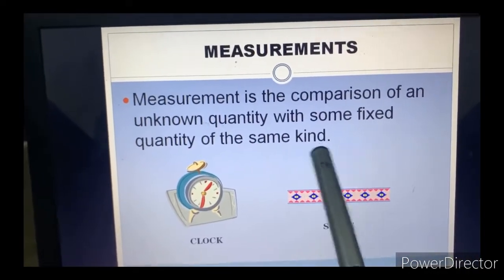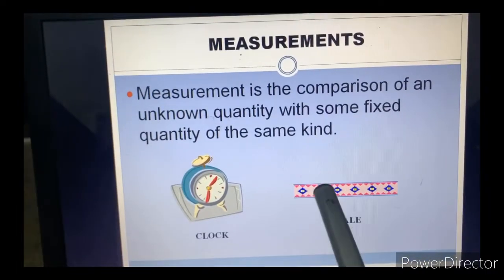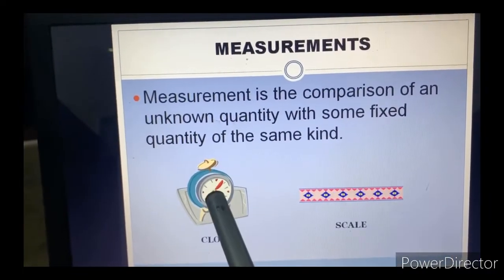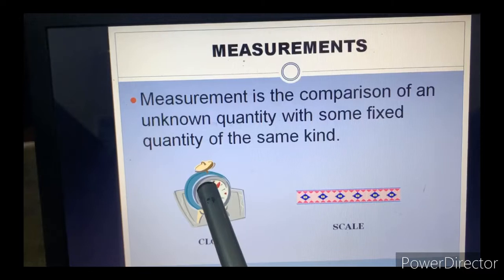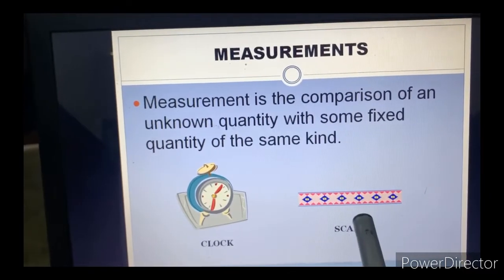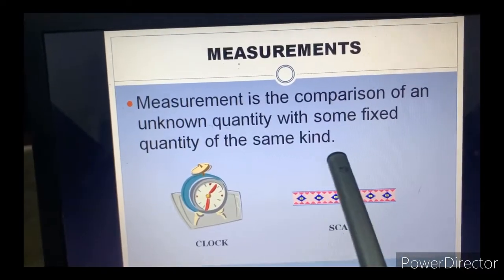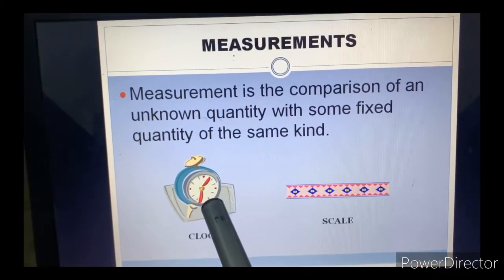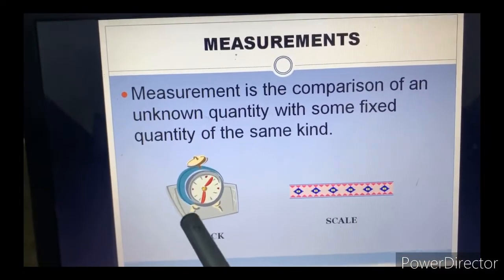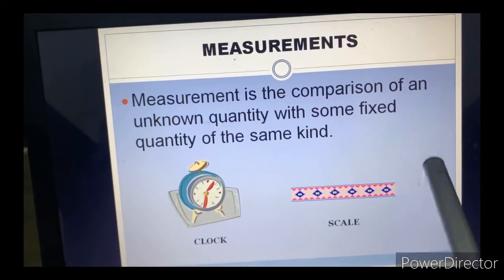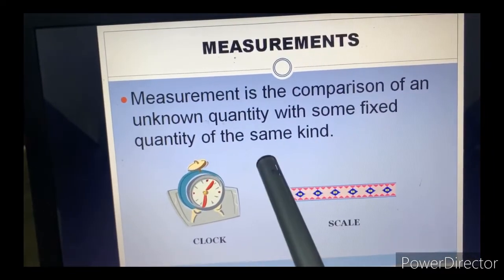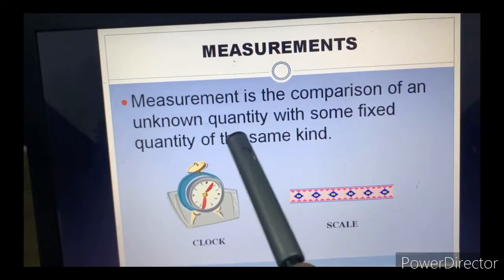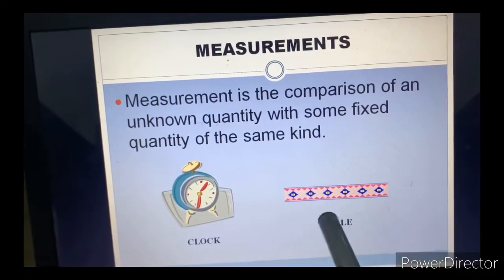Why are they saying same kind? Because we cannot measure length with the clock and we cannot measure time with the scale. It should be with the same kind. Understood? So that is why we compare the time with the clock and length with the scale. That's why it is a comparison of the unknown quantity with some fixed quantity of the same kind.